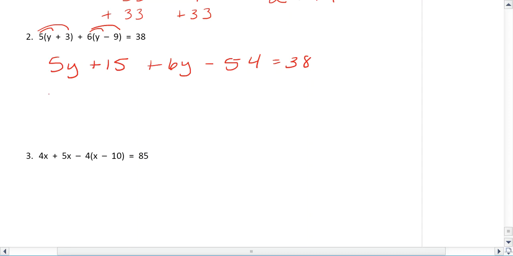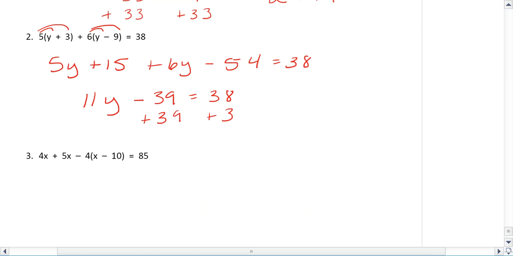So we're kind of training our brain to shift in and out of the tasks we need to do in algebra. So 5y and 6y is 11y, and 15 minus 54 is a negative 39, and this equals 38. So now we add 39 to both sides, and oh, it looks like I missed a negative sign.